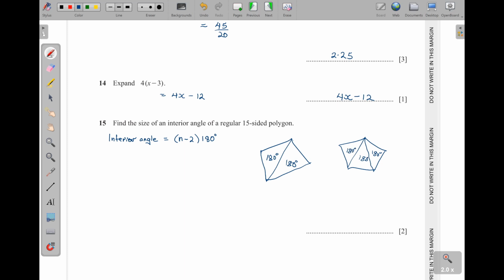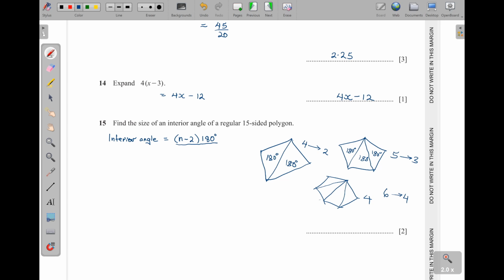If it is, let's say, a hexagon, how many triangles are there? 1, 2, then 3, and these ones are 4. So from 6 sides, you go to 4 triangles. 5 sides, 3 triangles. 4 sides, 2 triangles. So that is the n minus 2.